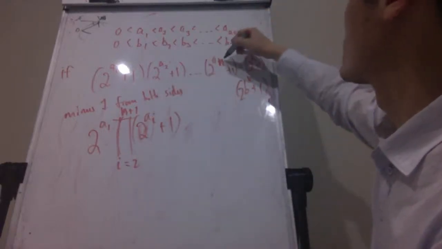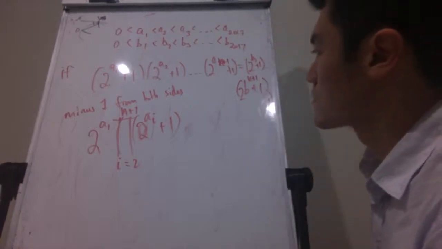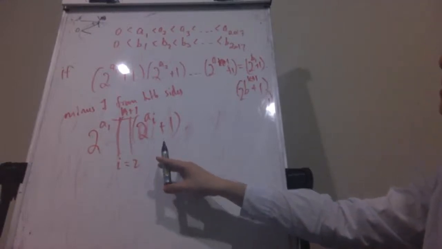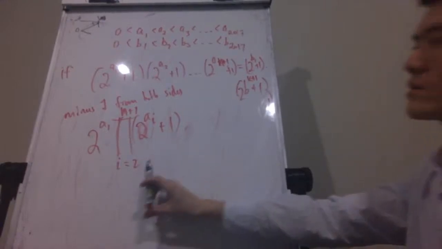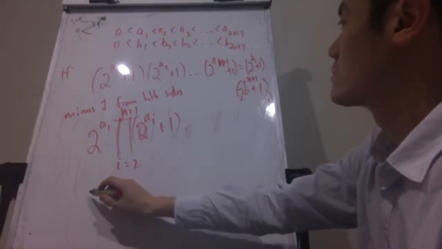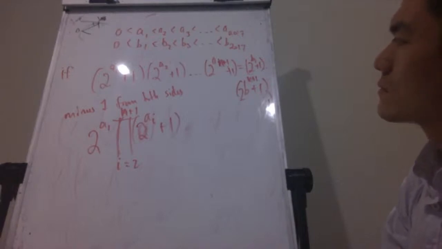Or are you, oh, okay, sorry. Okay, plus 1. So it's 2i times that. Plus 2 to the ai times. Maybe it's not so easy to write that out.